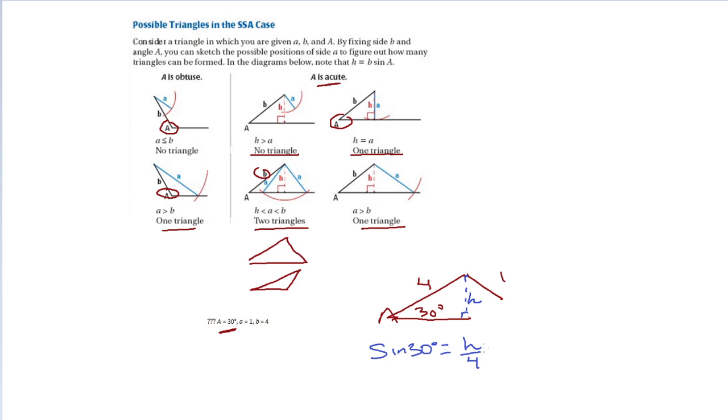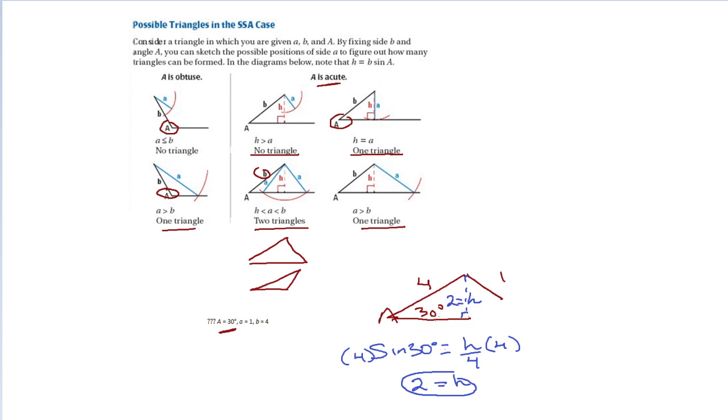I want to know what h is, so simply multiply both sides by 4. And remember that sine of 30, guys? Sine of 30 is just a half. It's 0.5. Times 4, I get 2. So h is 2.